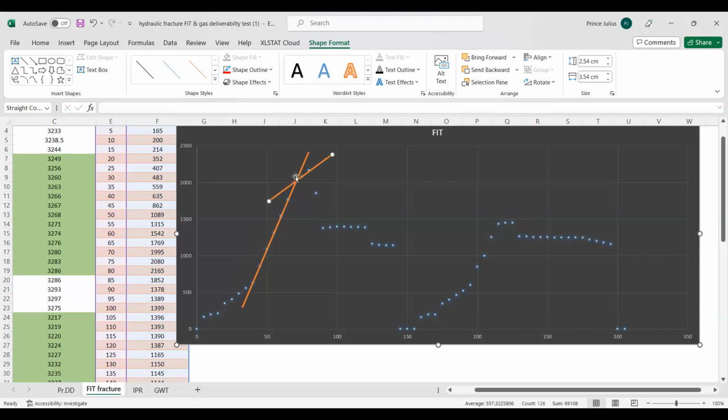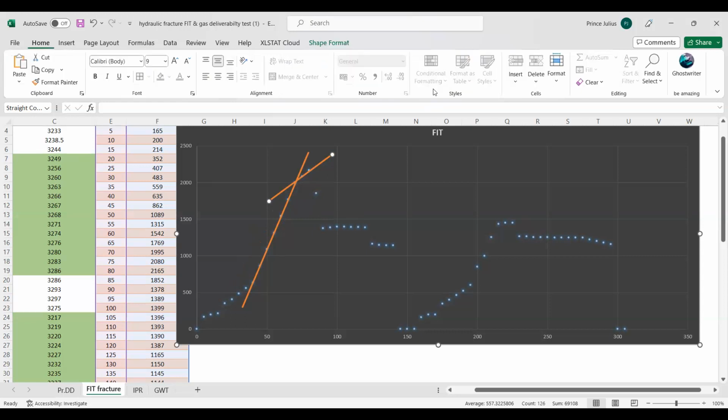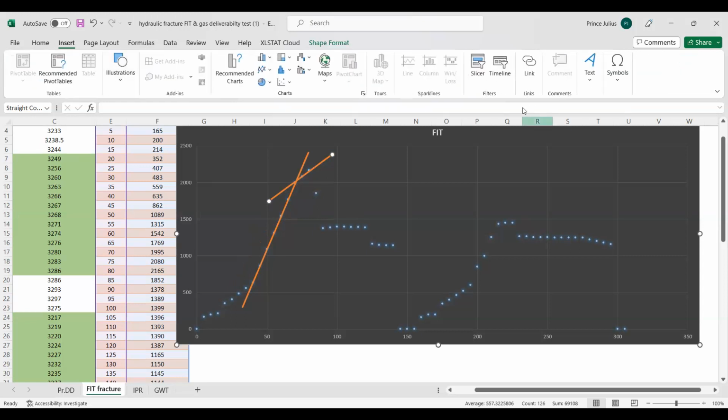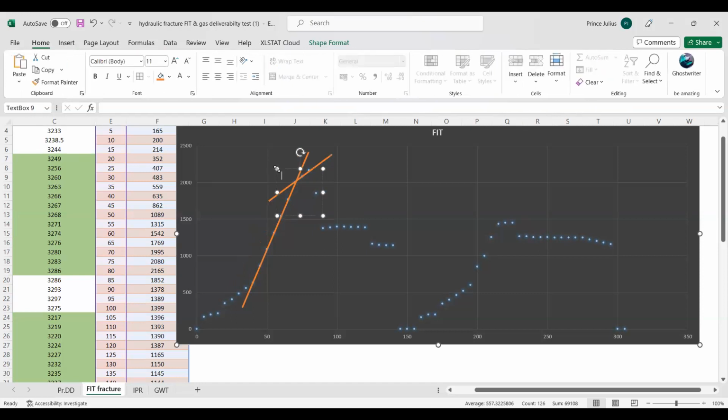This is the point where exactly the slope has changed. We name this point LOP, leak-off pressure.